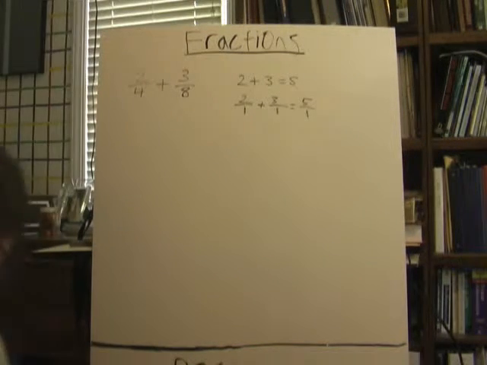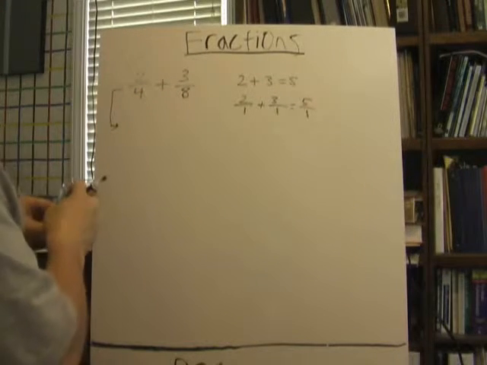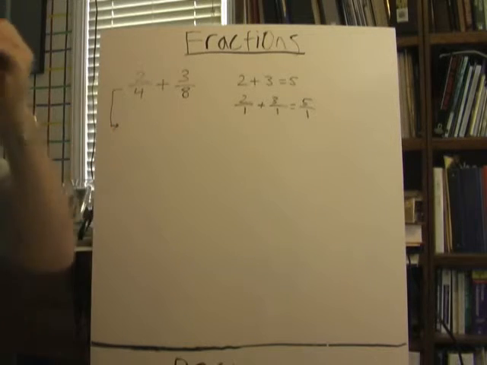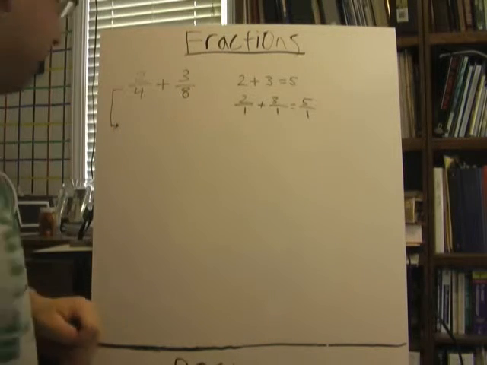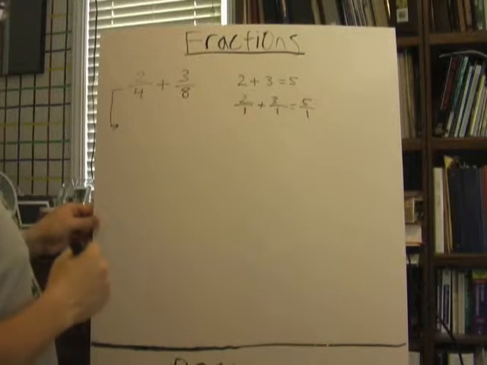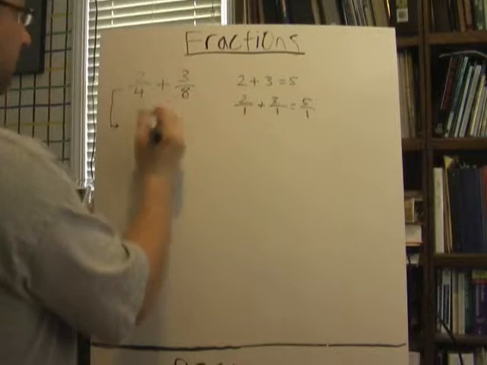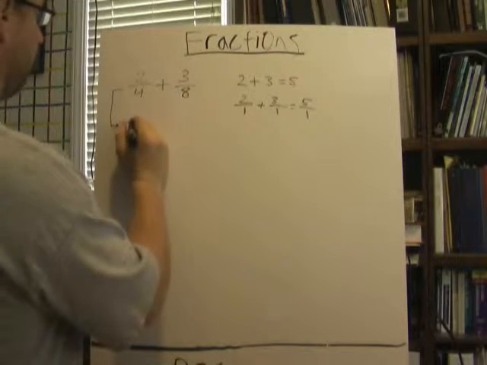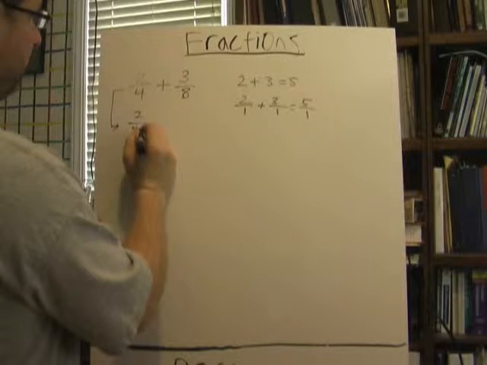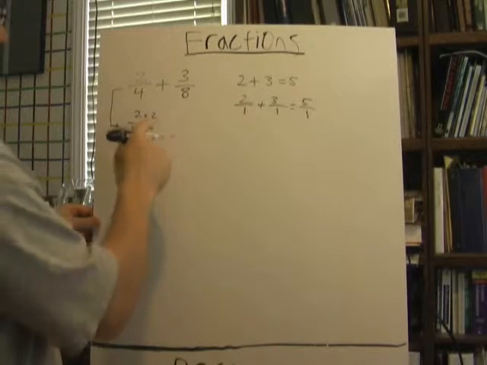Going down to the next part of this problem, we need to find a common denominator. The most simple way is to either multiply both of these denominators, or you can see what's common here. Well, 4 times 2 is 8. So we do 2/4 with 8 on the bottom, and multiply the top and bottom by that number, 2.